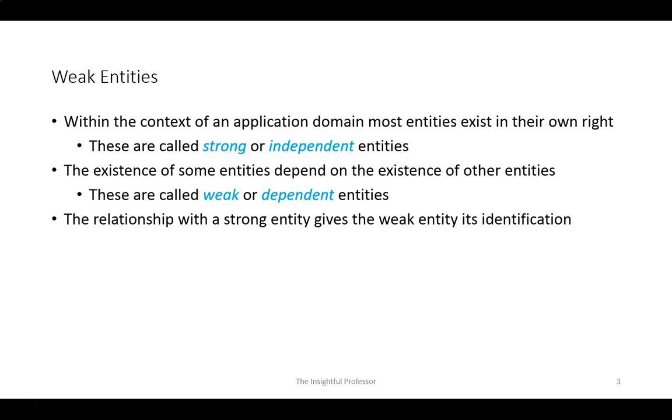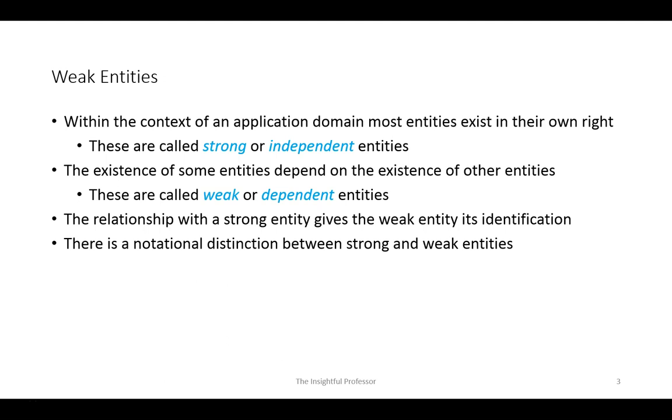There are also entity types that we might encounter that are included within the model, but their presence is based upon their association with a strong entity type. These are referred to as weak or dependent entities. It's the relationship between the weak entity and the strong entity that gives the weak entity its identification and hence justification for being included within the model.